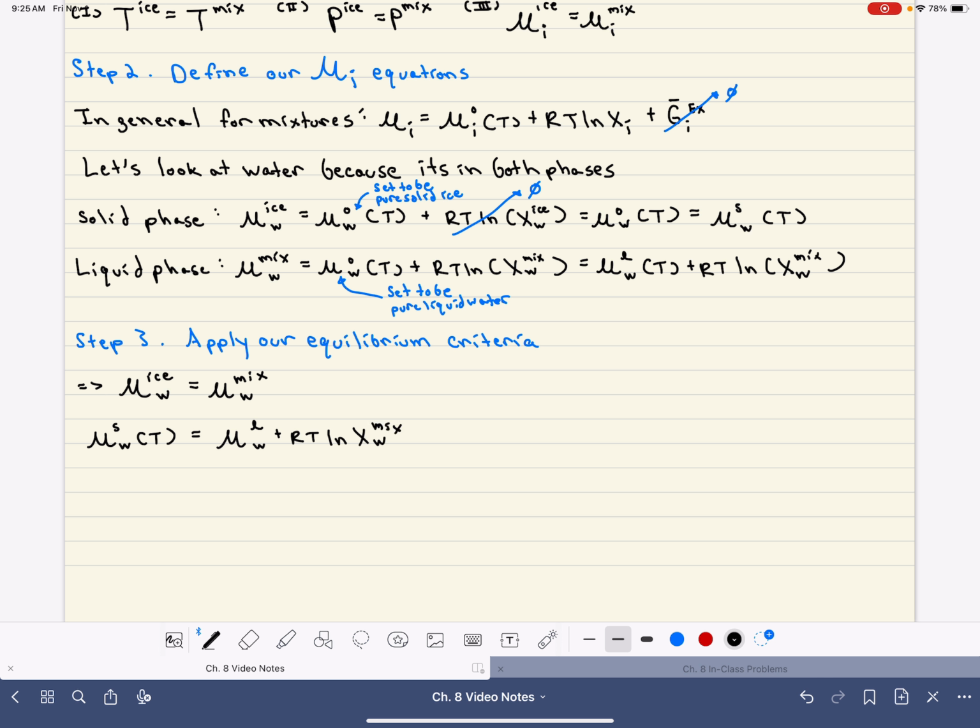All right, and then we'll rearrange the equation so that we get this expression. Okay? And so by applying our equilibrium criterion, we now have a relationship between the differences in the chemical potentials to the mole fraction of water in the mixture.